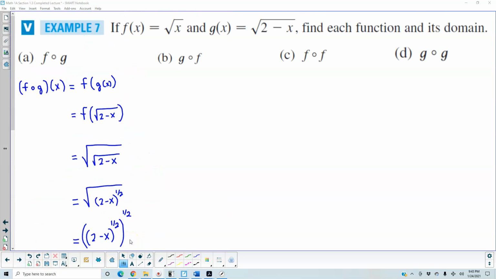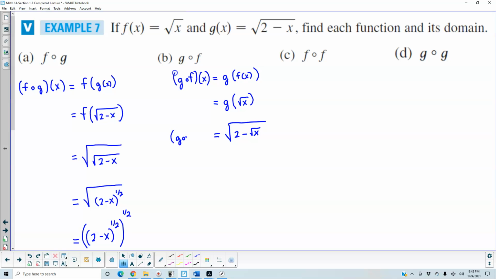Okay, next, let's take a look at g composite f. So g composite f of x is equal to g of f of x, which is g of the square root of x. And now we take 2 minus x, but that x now becomes the square root of x.